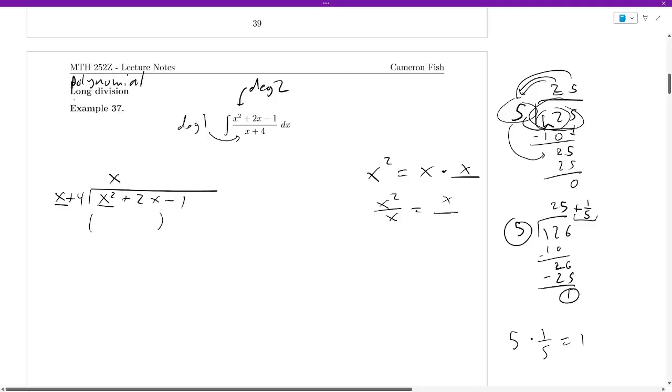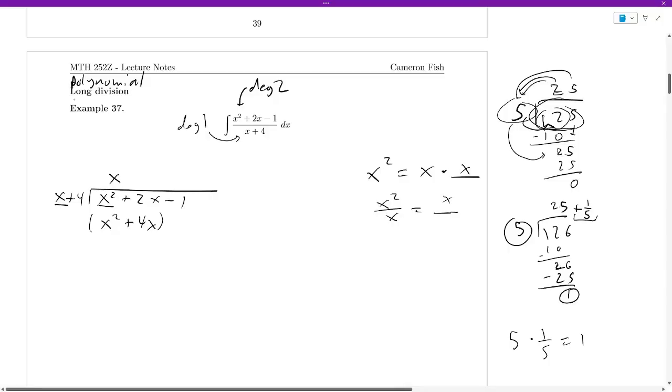This is a little bit weird, this step, but you're going to be multiplying the x onto the entire term here. So onto the x and onto the 4. So x times x is x squared, and x times 4 is 4x. Because x plus 4, I get x squared plus 4x.